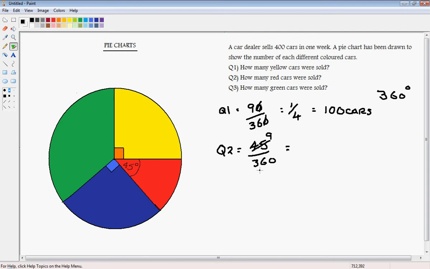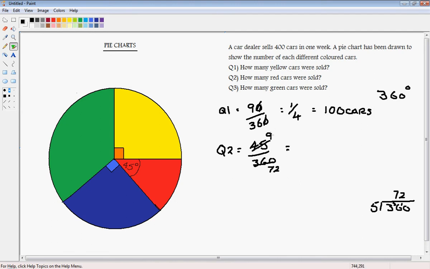I don't know how many 5's are in 360 offhand, so I just do a little division sum to help me. 5's into 3 doesn't go, so 5's into 36, 5 7's are 35, so I would have 1 left over. 5's into 10 goes 2, so 5's into 360 is 72.